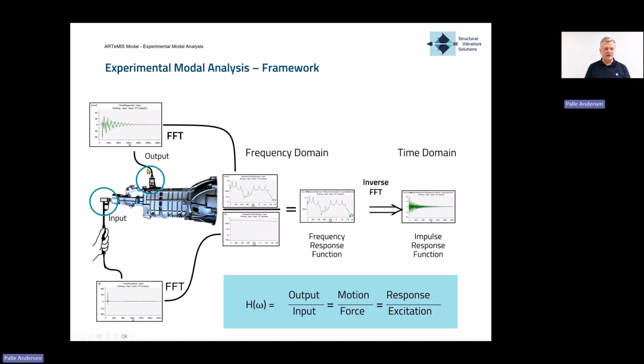We will then place one or more accelerometers that can measure the response in some points. And then we will use this type of impact hammer here that has a little force transducer sitting out here in the tip. And then when we hit with this force transducer, we can now measure the input force that we have supplied.